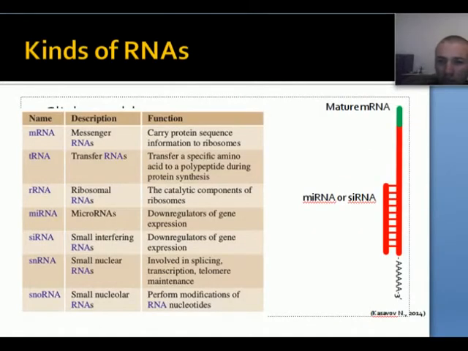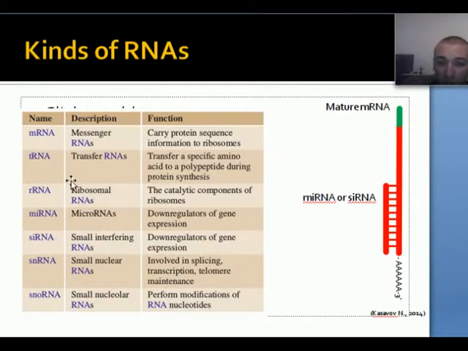We have several kinds of RNAs. We have, for example, the messenger RNA that carries protein sequence information to ribosomes. This is the main RNA that we've been talking about.